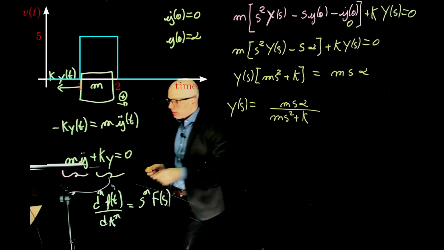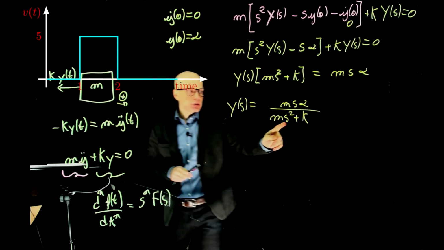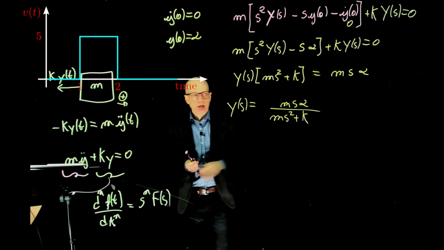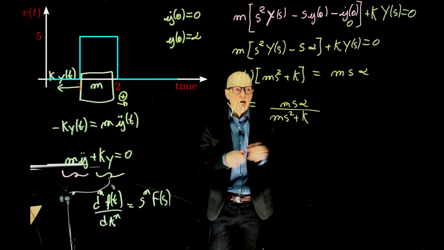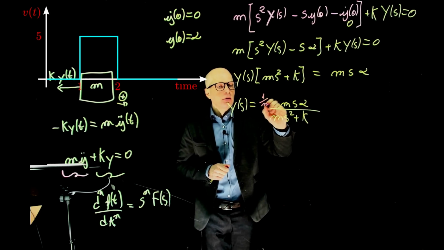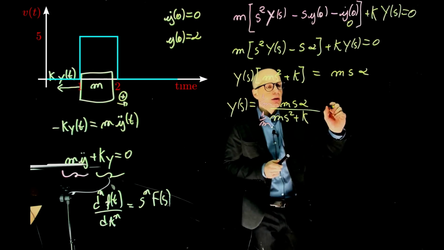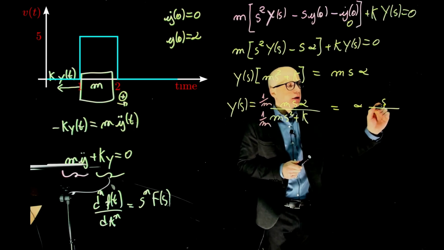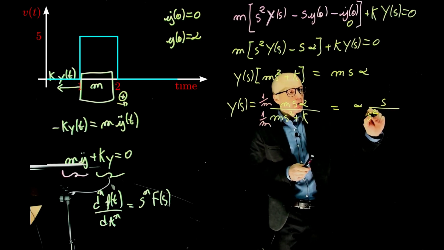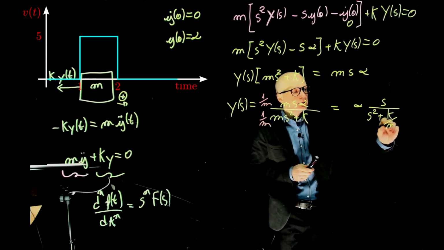If you look at the table of Laplace transforms, s squared is always multiplied by 1. So we can divide the top and the bottom of the equation by m. And this is alpha times s over s squared plus k over m.